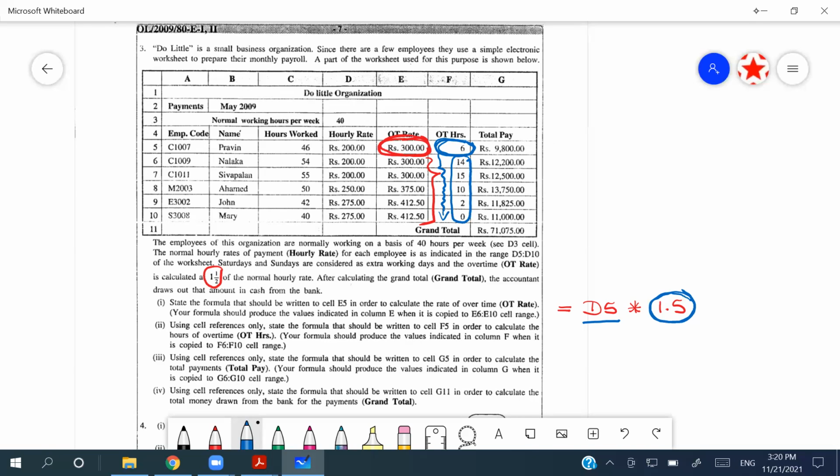Now here you have to be very careful, because these OT hours are calculated by reducing the normal working hours per week from the hours worked. So hours worked will differ from line to line, but normal working hours will not differ. It's just a fixed place, right?